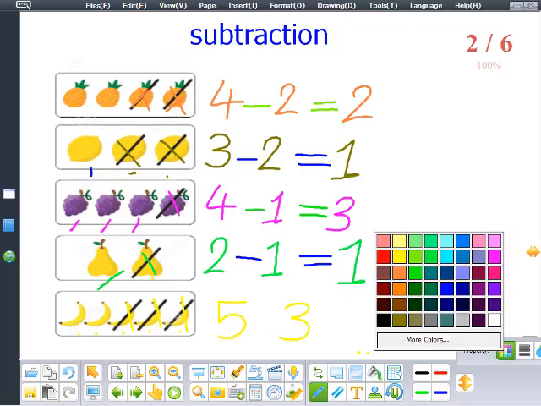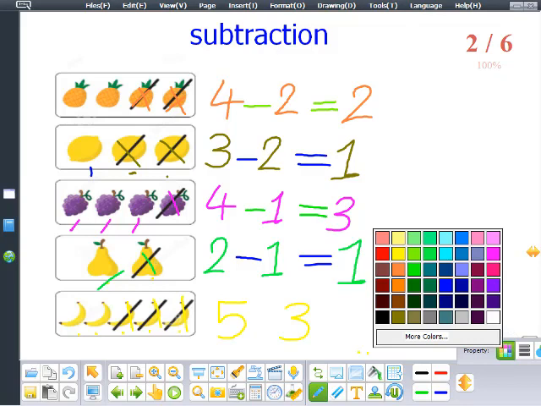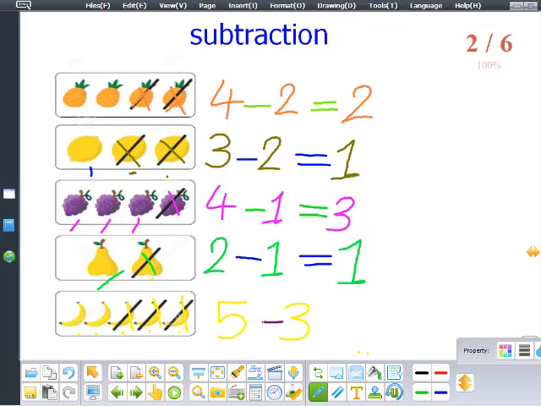When I eat 3, it means which sign? When I eat or when I take away? Excellent. It means minus. And here we put which sign? Equal. Well done. How can I know 5 minus 3 equals how many?